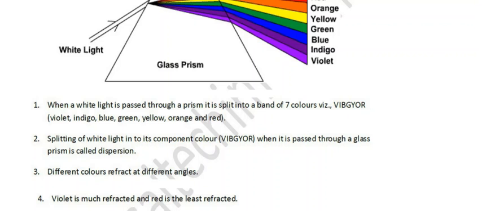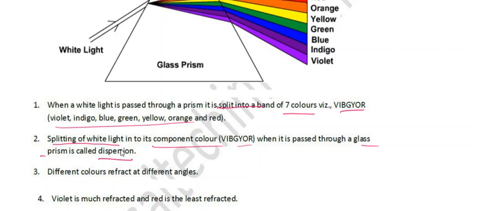So when white light passes through the prism, it is split into a band of 7 colors. Is it not? And that is called dispersion, the splitting of white light into its component colors when it is passed through the glass prism.